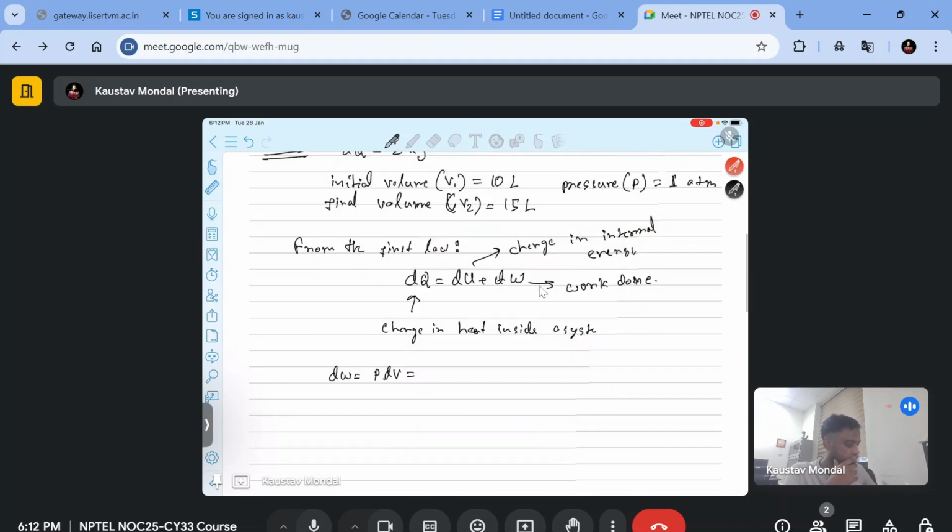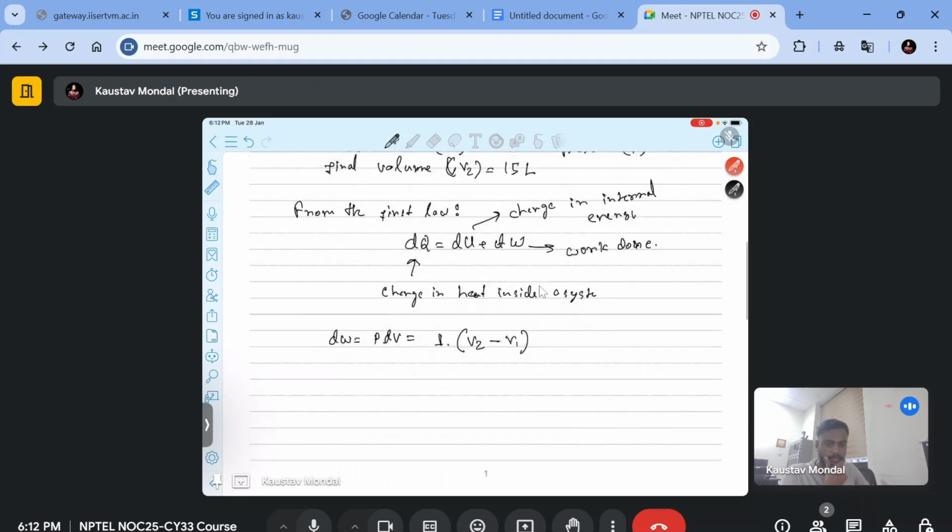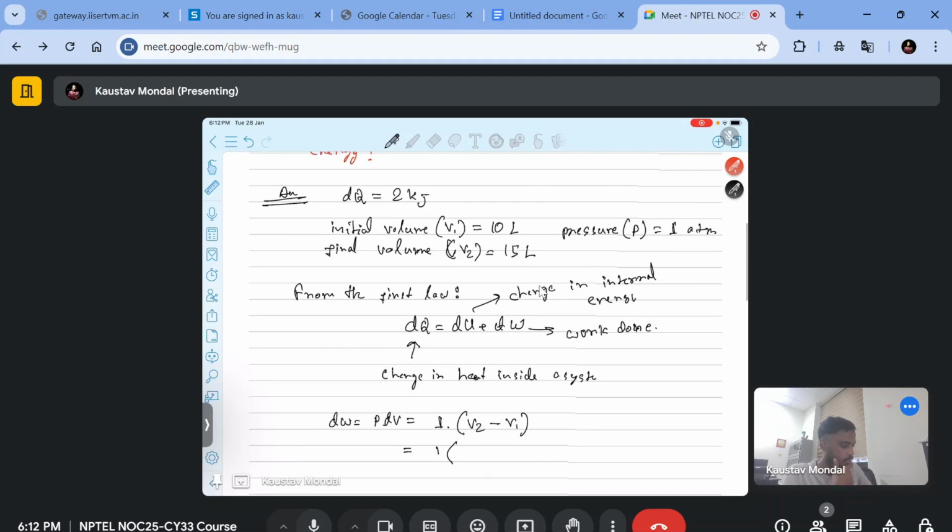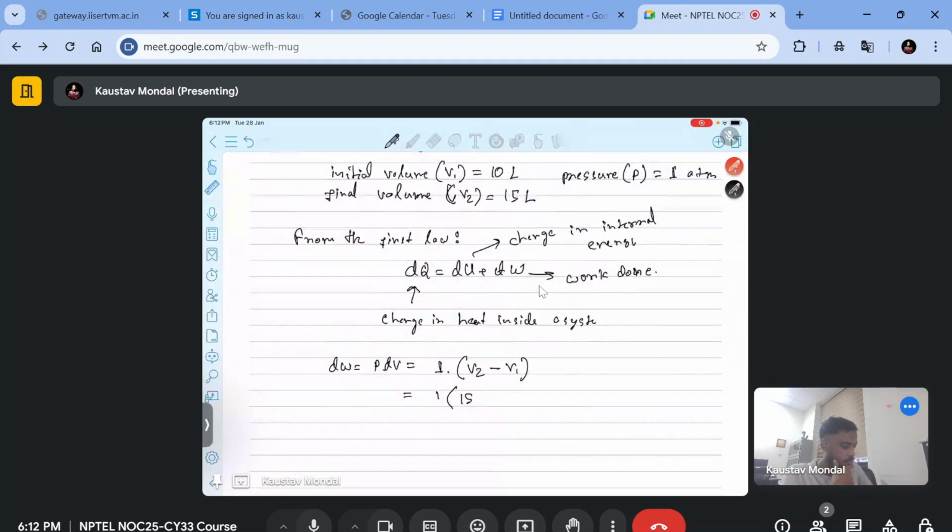So the work done will be 1 into v2 minus v1, the change in volume. So this is easy. 1 into v2, that is 15 minus 10, that will give you 5. So work done is equal to pdv.